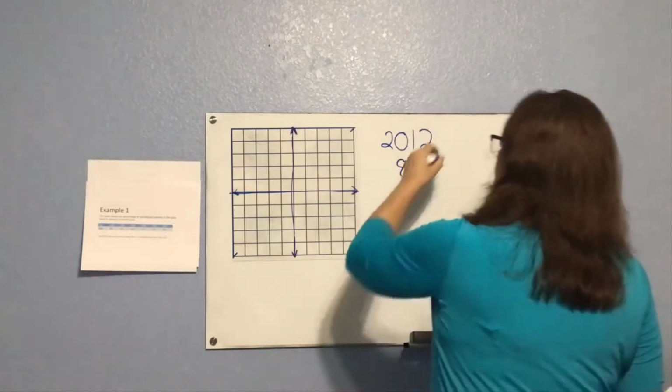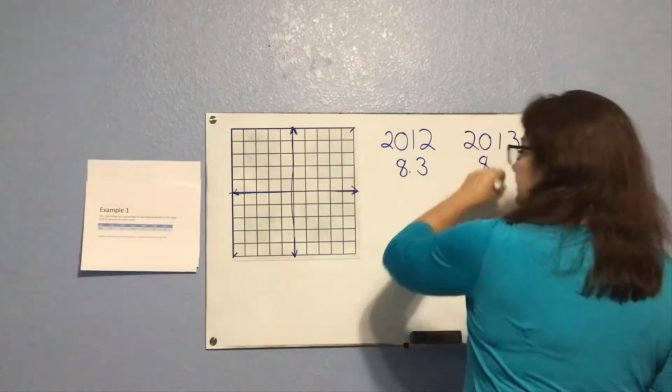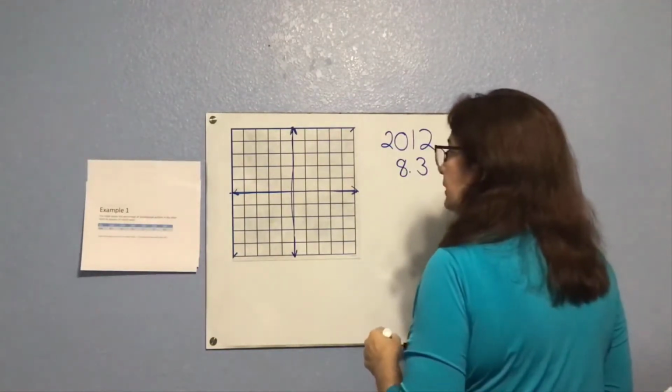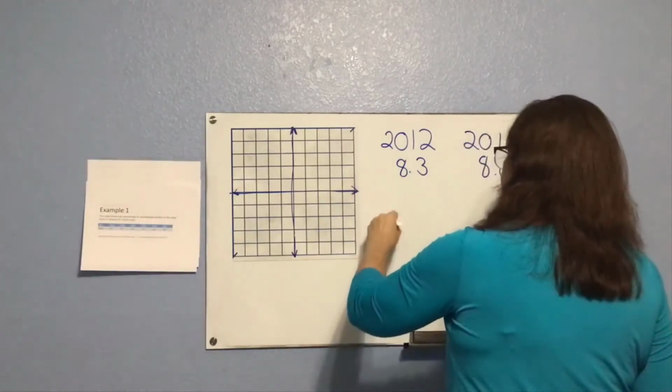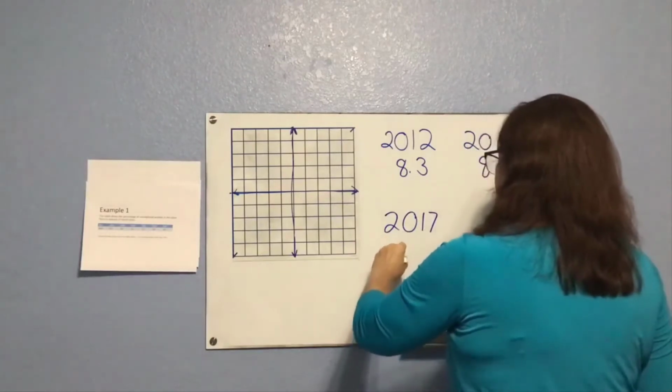For 2013, it was 8.0. And then the last entry is for 2017. The entry is 4.8.